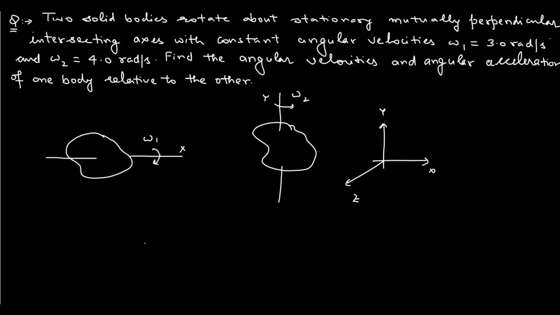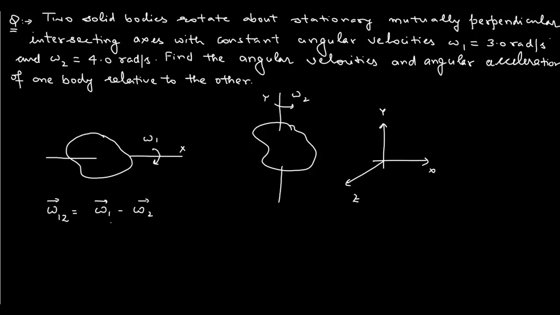Now what do we have to calculate? We have to calculate the angular velocity and angular acceleration of one relative to the other. So suppose we find the relative angular velocity of 1 with respect to 2. For that we need omega 1 minus omega 2. Clear?